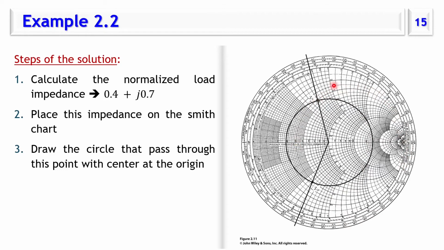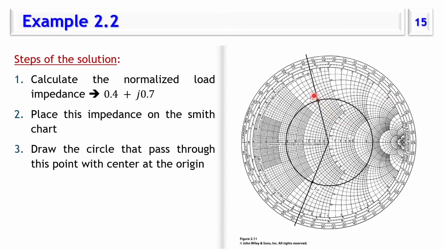So this is the circle for 0.4. This is the real part, 0.4, which is this circle here, and we search for its intersection with the reactive part, positive 0.7. Positive is the upper side, so we search for 0.7 and we'll find it here.